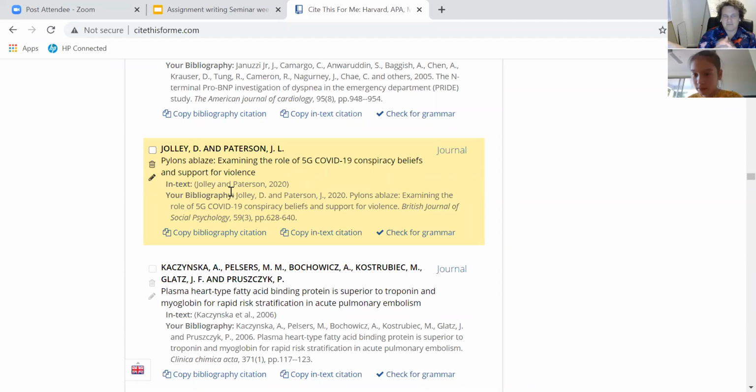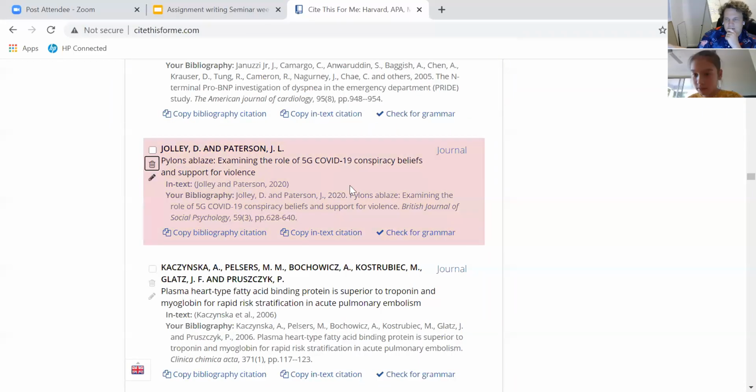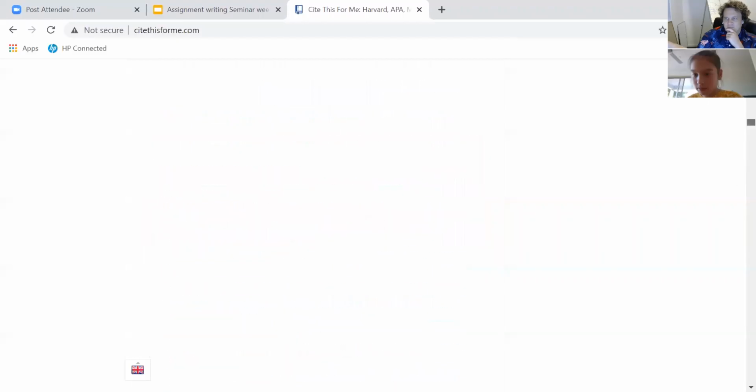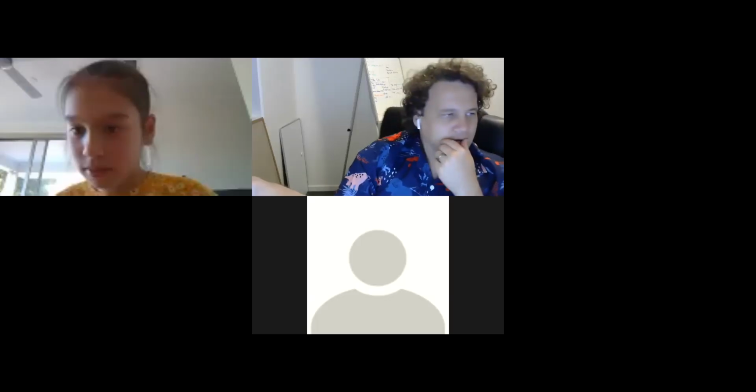It's just a time-saving tool. It probably saved me about a week of referencing on my thesis. Okay, so that's my little present for you for today.